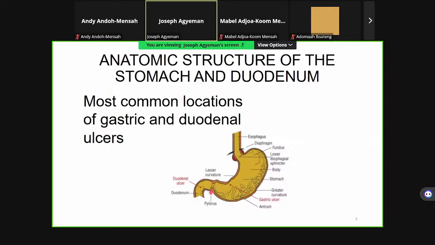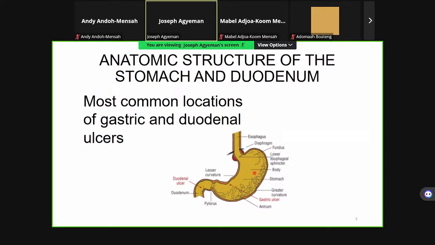When it opens, then materials can move from the stomach into the duodenum. When it closes, then materials can't move. Again, if it opens, then you can also get backflow of duodenal content, for example, bile acid into the stomach, which can also come and then add on to the problem of GERD.